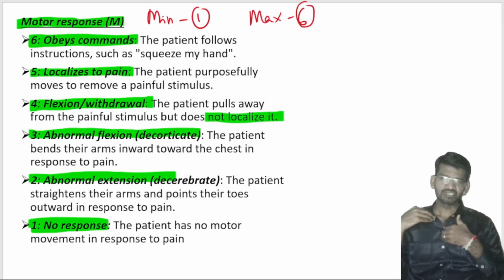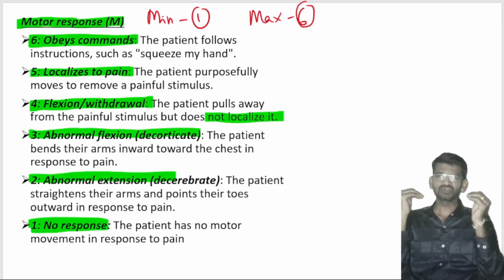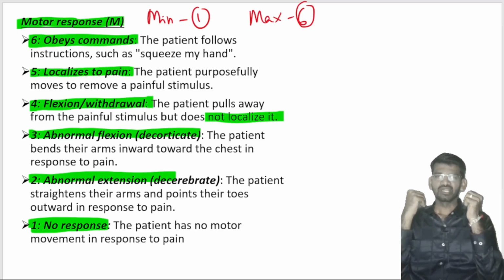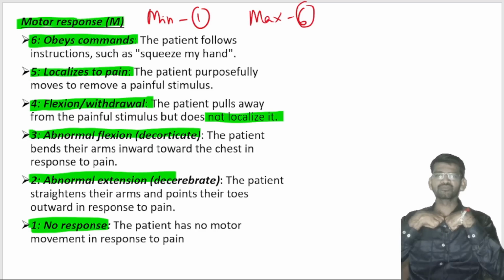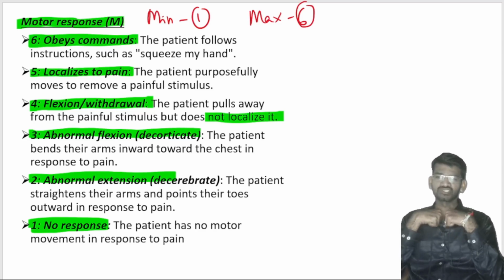Decorticate: cortex means the core of the body, core means the center of the body. So he will bring both the hands in flexion like this, onto his chest, towards the center of the body, that is the core of the body, that is decorticate. So this is called an abnormal flexor position.